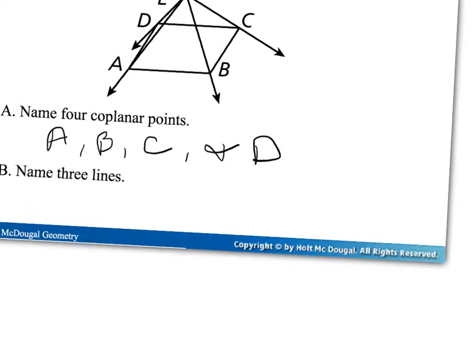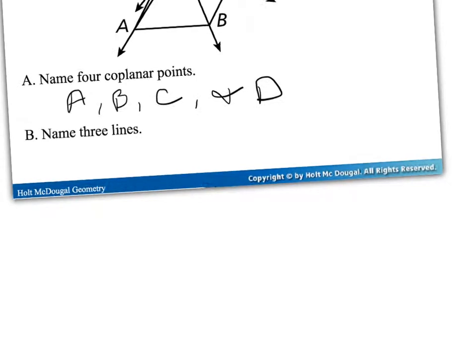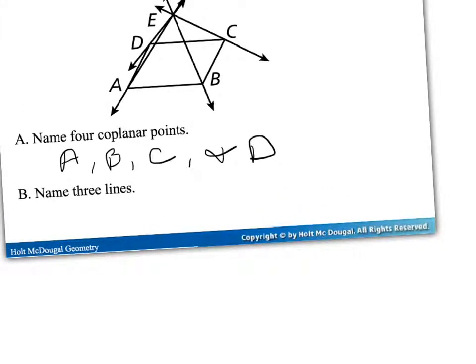Move this up out of the way so I have more room to write. I can pick any 3 lines I choose, lines that have the arrows on the end of it. So the first one I'm going to pick is A, and I'm going to see where that point goes to, where this line starts. So it goes to A, this line goes all the way up to E, so next I'm going to write the E next to A, AE, and I'm going to draw this line with arrows above it.